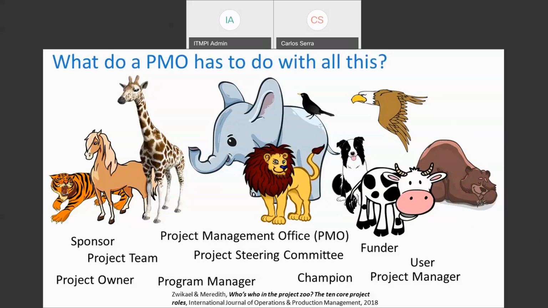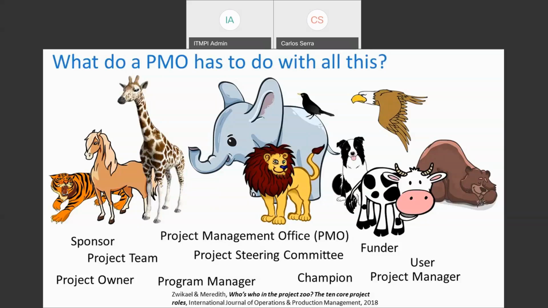So in this scenario, although the role of the PMO varies depending on the needs of each organization, it is a group that typically standardizes the project-related governance process and supports project managers in relation to project management methodologies, tools, and techniques.